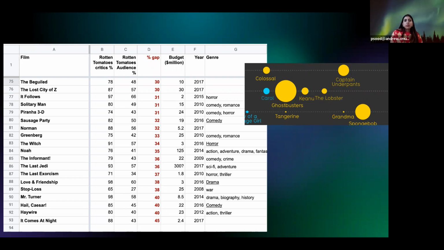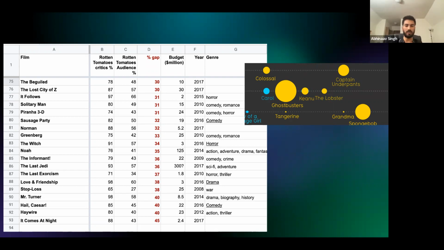Column B represents the Rotten Tomatoes critic rating, C represents the audience's rating, and column D represents the percentage gap. And then we have the budget, year, and the genre. All of these dimensions have been beautifully presented in this graph. And as you can see on the right as well, this is how the data ties to the visualization. Now I'll just pass it on to Abhinav to explain the other aspects of the visualization.